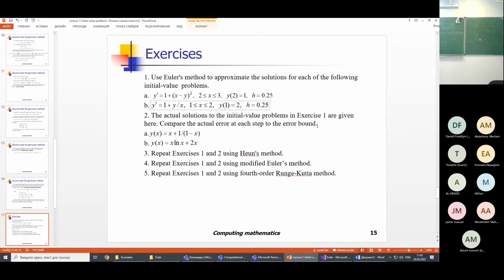Please look to the exercise 2 and under the letter B. It's written the real solution to the problem B. The real solution is y of x equals to x logarithm x plus 2x.